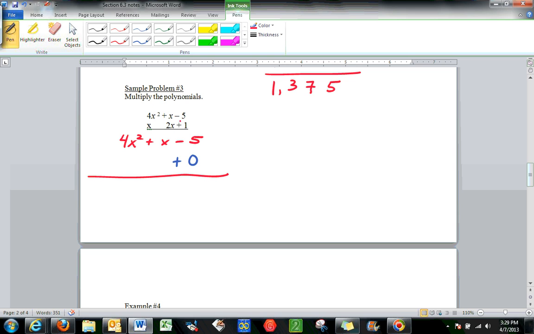So 2x times -5 is -10x, and of course I want that to stack up with my x's. 2x times x is going to be a positive 2x squared, and so my x squareds are stacked up. And then 2x times 4x squared is going to give me 8x to the third.